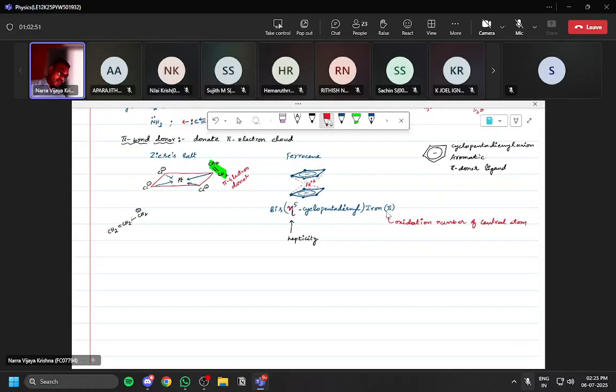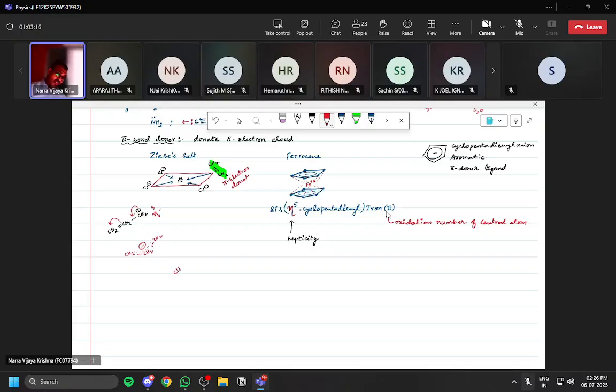Yes. So this will be shifted. Resonance is possible. So can I write CH2 bond CH2 bond CH2? Will you understand? That negative charge is between all the three. So it is called eta 3.